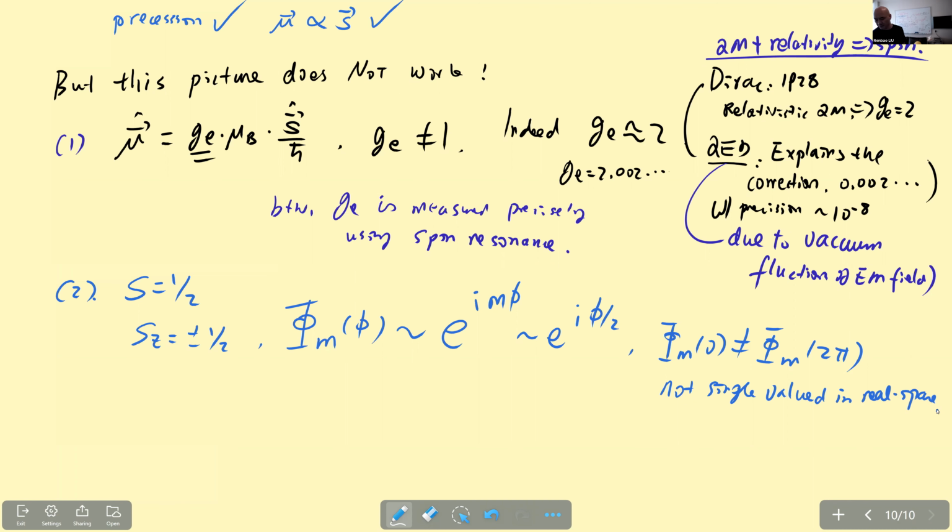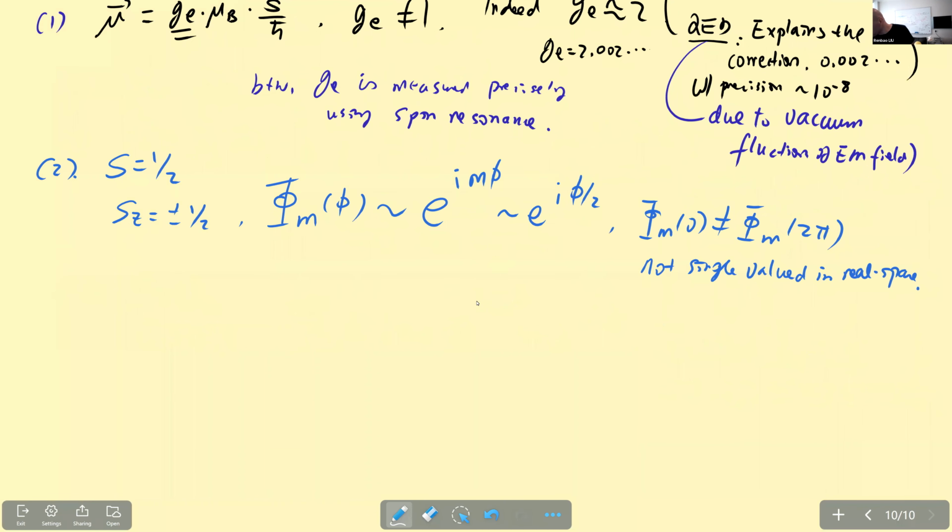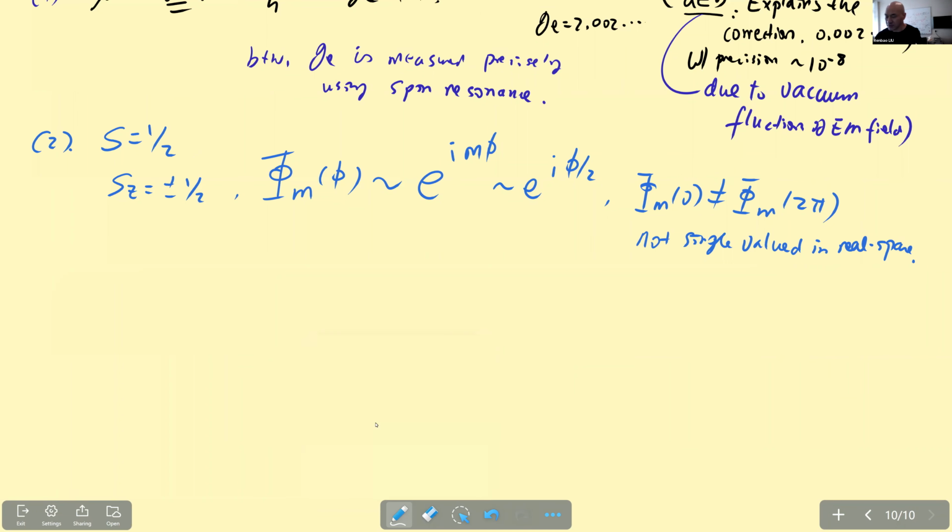So that means the spin must be an internal state. Actually you can see that if you have a rotation of the spin by 2 pi, let's say theta and phi, and then after t equals 2 pi over omega_B, for example, the state will become theta and phi plus 2 pi, right?